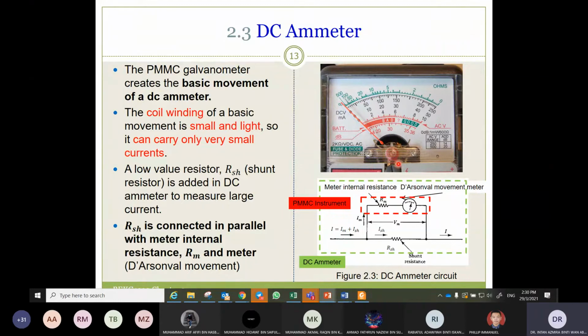This configuration will create the ammeter, voltmeter, and ohmmeter. The ammeter, voltmeter, and ohmmeter consist of PMMC construction. Okay, can you see the coil here? And then, of course, you can see the needle. Can you see the coil here?